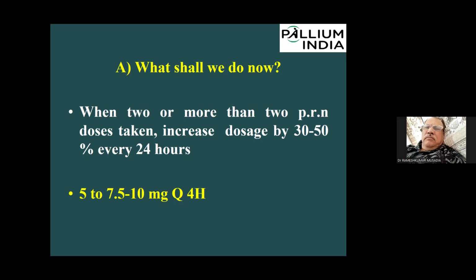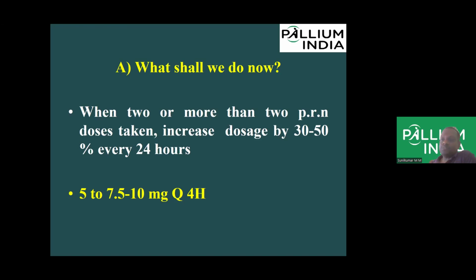So this patient is taking 3 SOS doses. That means he is taking more than 2 SOS doses, so you have to increase the dose of morphine. How much? It is by 30 to 50%. Suppose you want to increase 30%, what would be 30% of 5 milligram? It is 1.5 milligram.